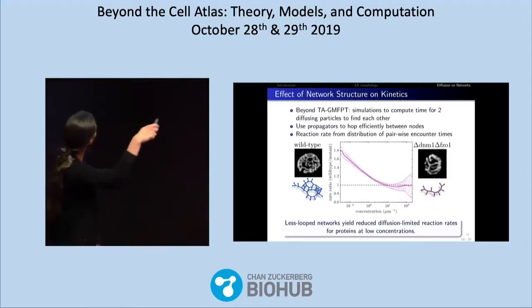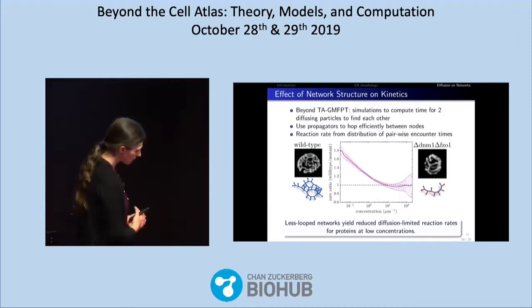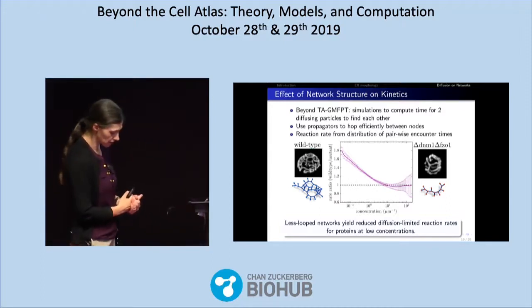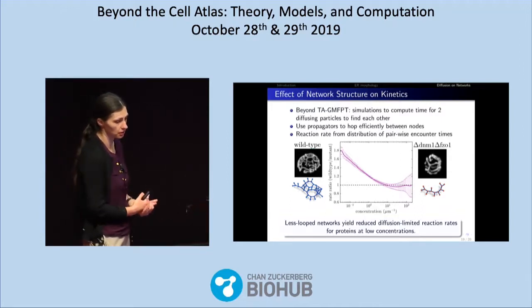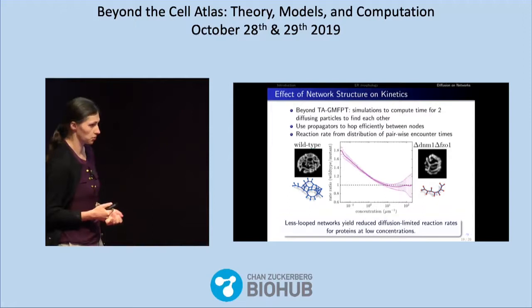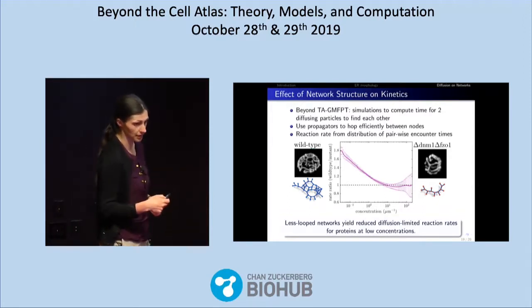In fact, you can get up to about 80% speed up in these wild-type networks compared to the mutants. So overall, if we're talking about proteins with fairly low copy numbers, and there are proteins in mitochondria known to have copy numbers that low, then your mutant networks are expected to have substantially slower kinetics just based on the lower connectivity of that network.